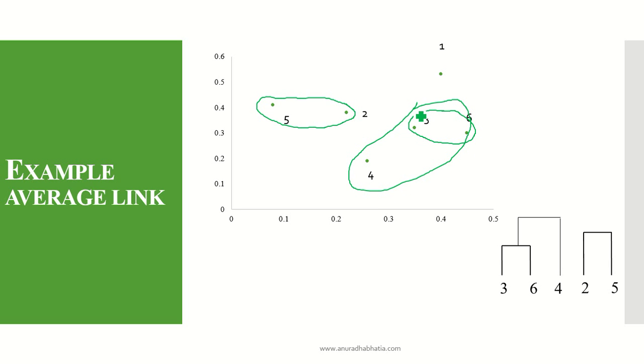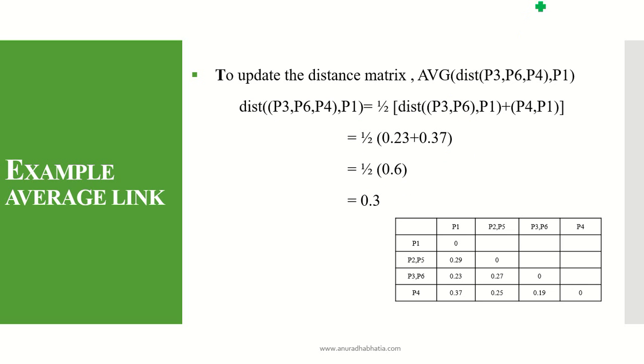And I need to recalculate the distance values. So the average distance: the new cluster formed is P3, P6, P4, and the value calculated with respect to the point P1. So P3, P6 with P1, I have a value 0.23. P4 with P1, I have a value 0.37. So the summation of 2 divided by 2, I get the new updated value as 0.3.